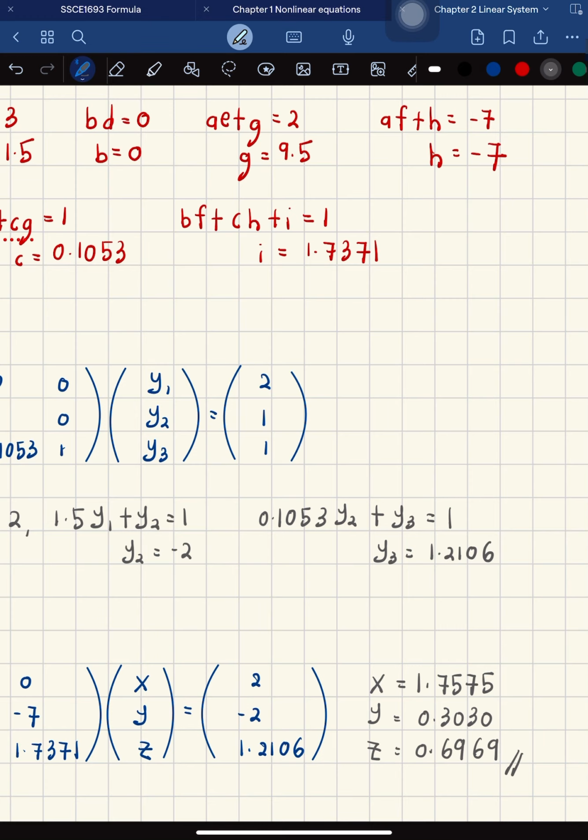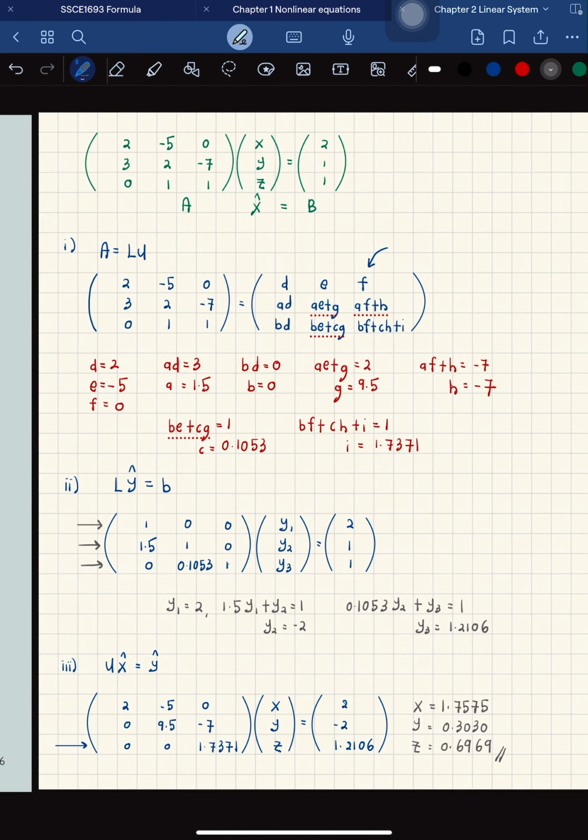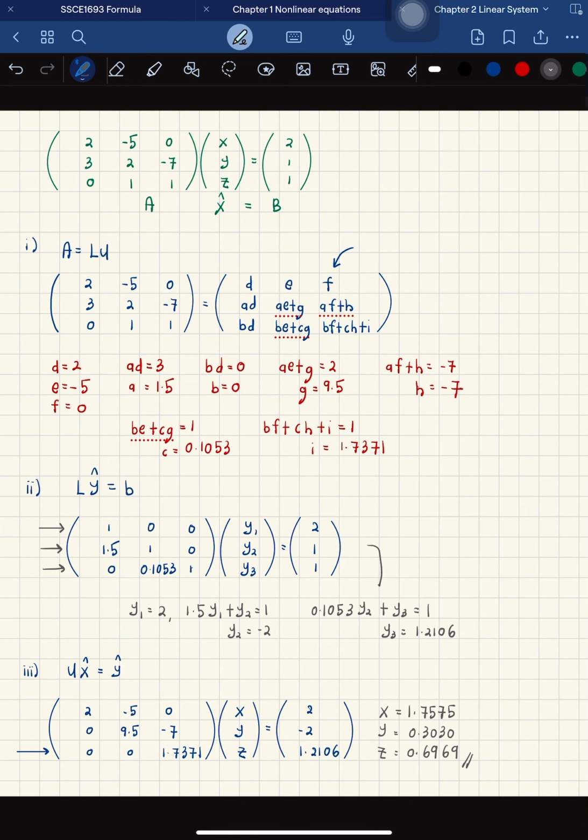So this is your answer. Okay, actually from this step you can also use your calculator. If you want to apply backward substitution, after forward substitution, and also if you want to use the calculator, also can. Okay, so this is the answer.